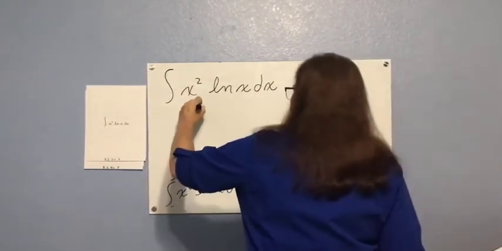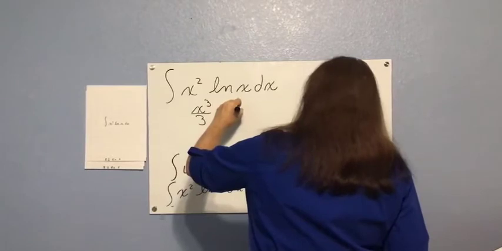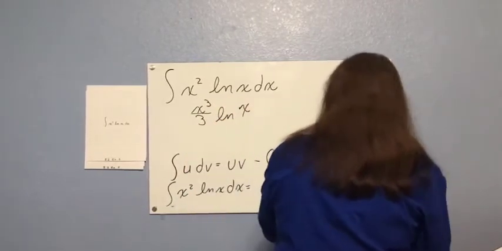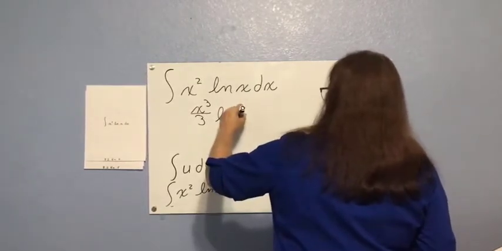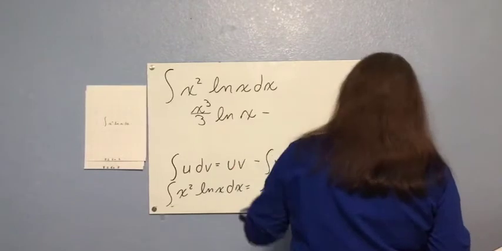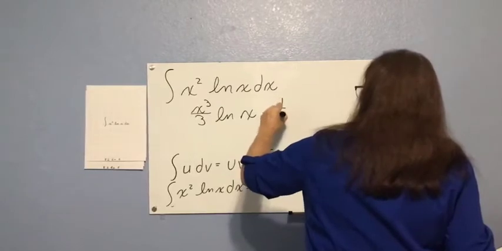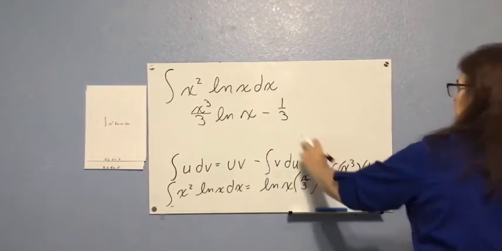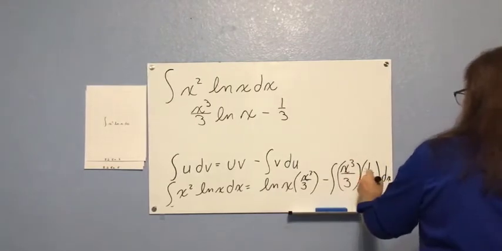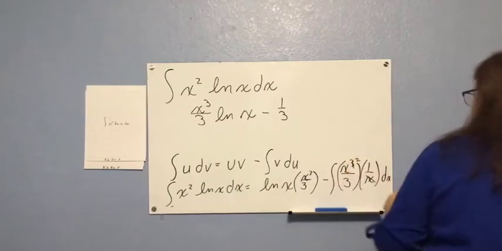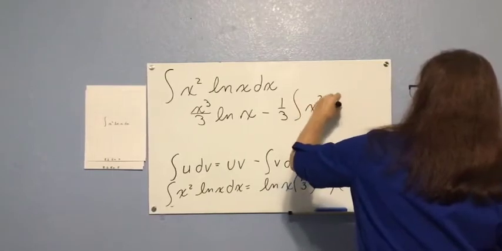So now I have x cubed over 3 times the natural log of x minus 1/3. We're taking this 3 out, and then this is going to become x squared, since this x will cancel out with one of these and make that x squared. So I've got the integral of x squared dx.